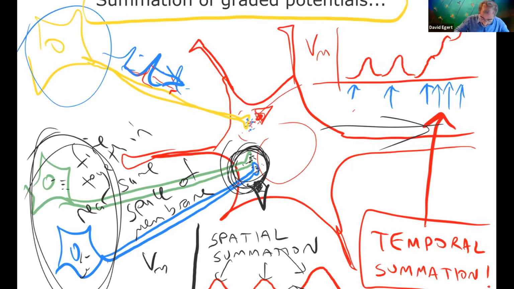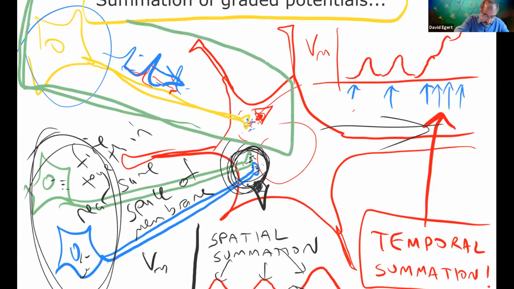There are two ways these graded potentials tend to add together, summate. The first one is relevant to looking at a single synapse. If you fire a single synapse, there'll be some particular change in membrane voltage, some graded potential resulting from channels opening and ions crossing the membrane.